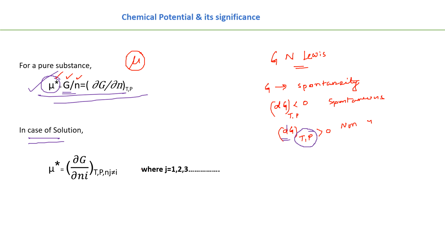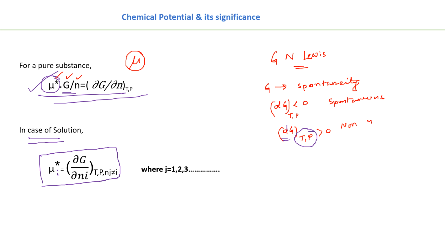When we are representing only one component among the other components, like N1, N2, N3, Ni, different components are present, but we are only interested in the chemical potential of the ith component in the solution, then we will use this equation.